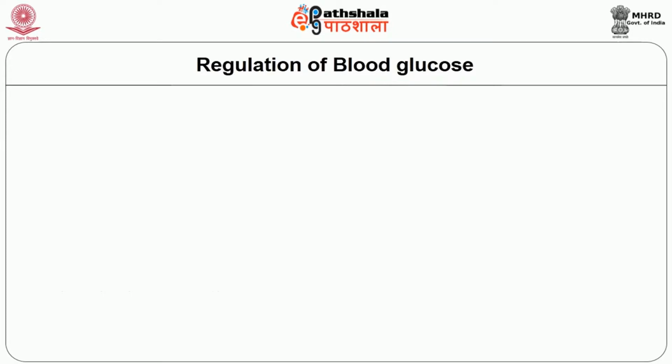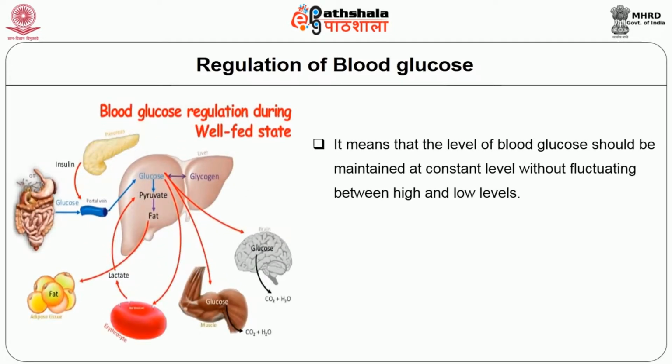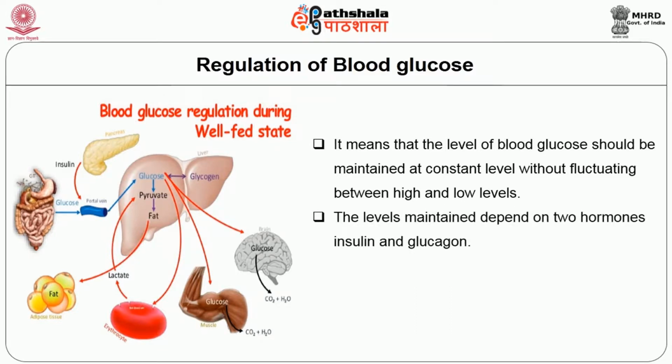Regulation of blood glucose. Regulation of blood glucose means that the blood glucose level should be maintained at constant value without fluctuations between high and low levels. The levels maintained depend on two hormones, that is insulin and glucagon.